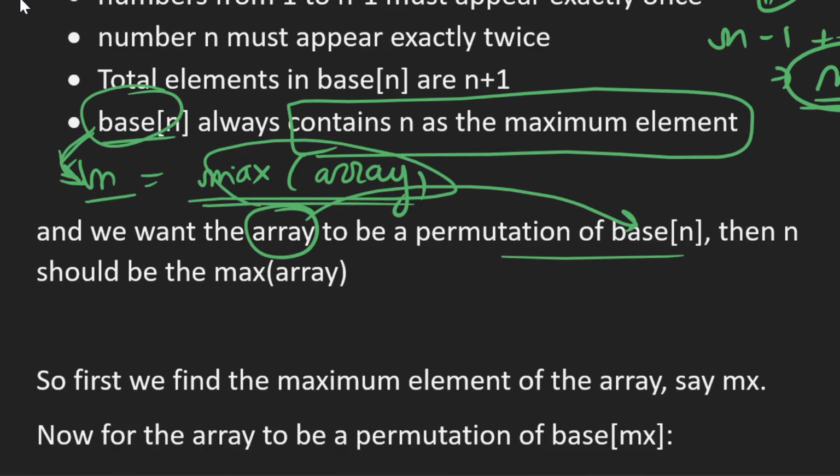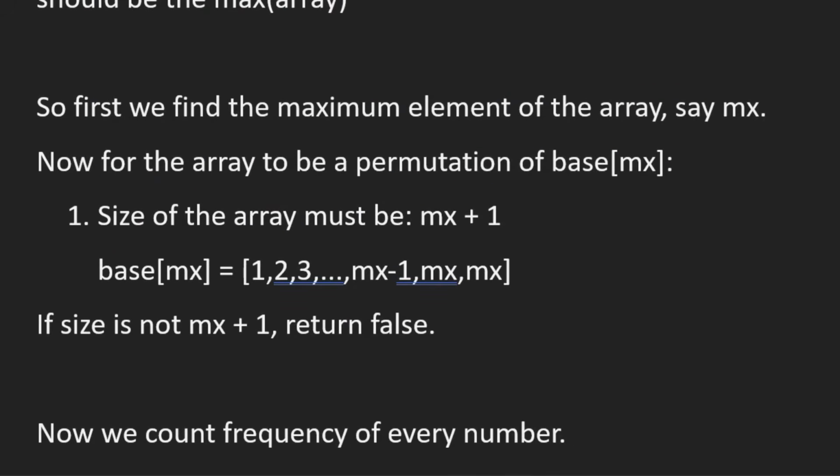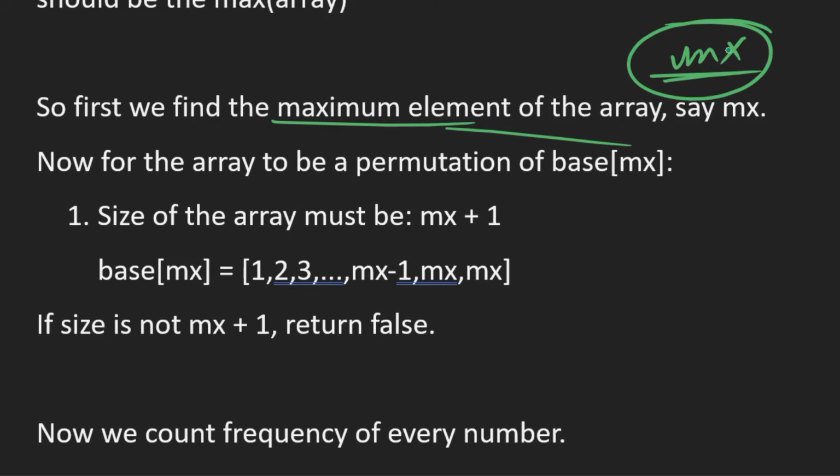So first of all, what we'll do is we'll find the maximum element of the array. Let's say it be mx. So mx is the maximum element of the array. And now we want the array to be a permutation of base of mx, right? As we know, base of mx should have mx plus 1 elements.